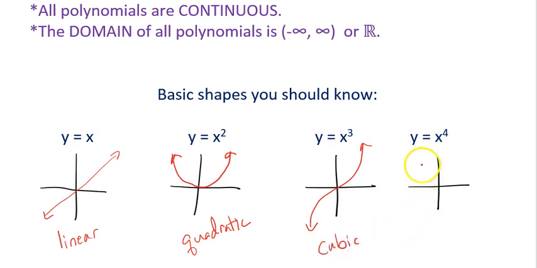And the x to the fourth graph is really similar to a quadratic, except it's a little flatter at the bottom, and this has a name, it's a quartic. Like quarter, but quartic. And the thing about these shapes is the changes that can be made by adding x's and numbers onto them.